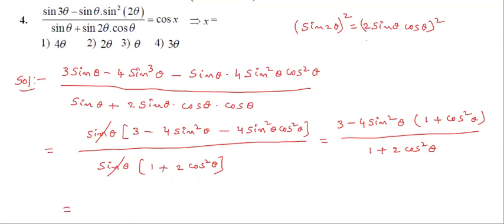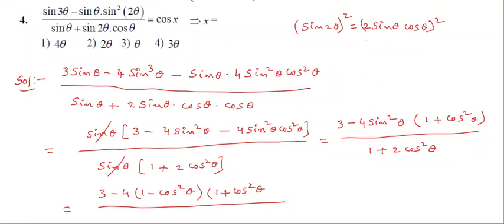Numerator 3 minus 4 sine square theta is there. Sine square theta we can write as 1 minus cos square theta or not? Here 1 minus cos square theta into 1 plus cos square theta. Denominator 1 plus 2 cos square theta.